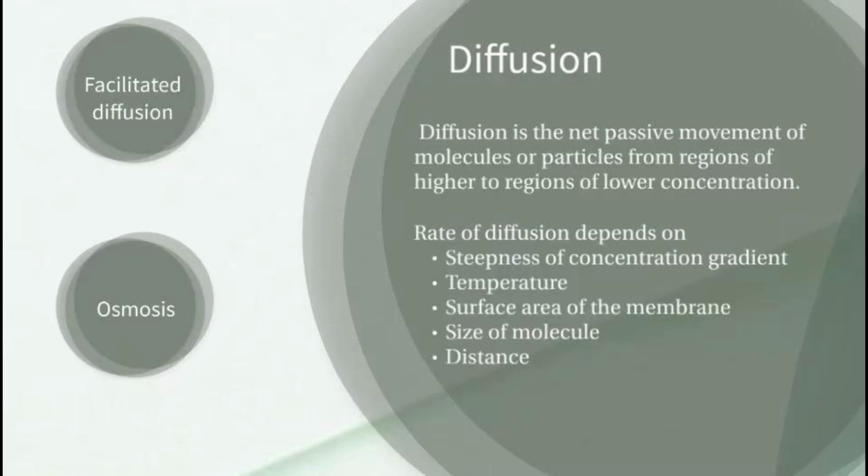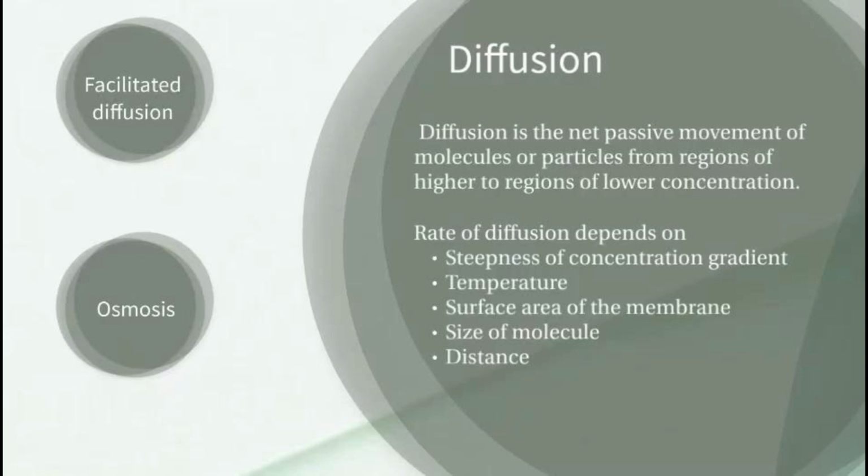There are several things that can affect the speed of diffusion. So first of all, the steepness of the concentration gradient. So the higher the difference between the high regions and the low regions, the faster diffusion will happen. If you have two things that are quite similar in concentration, that diffusion will take much longer to happen. We also have temperature.